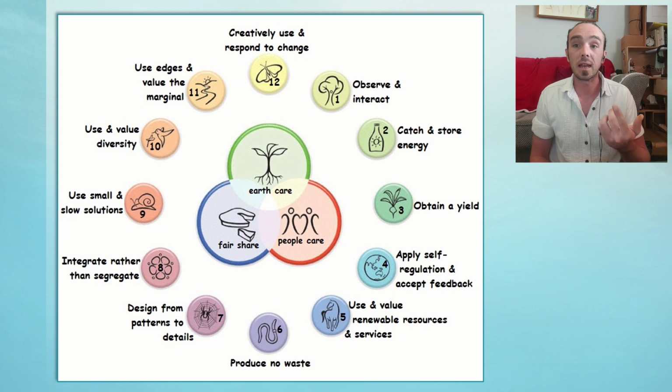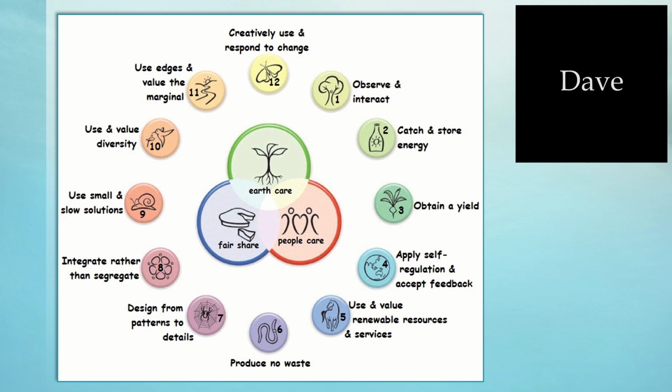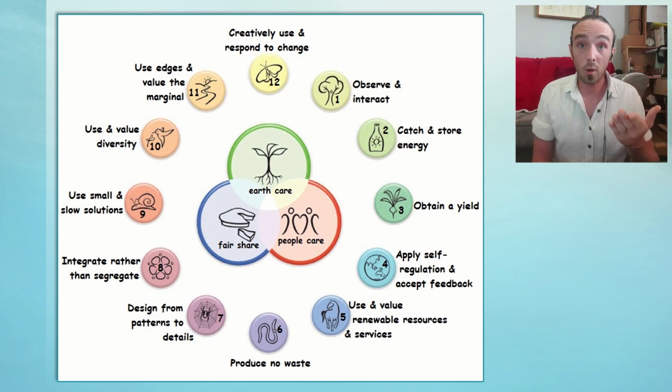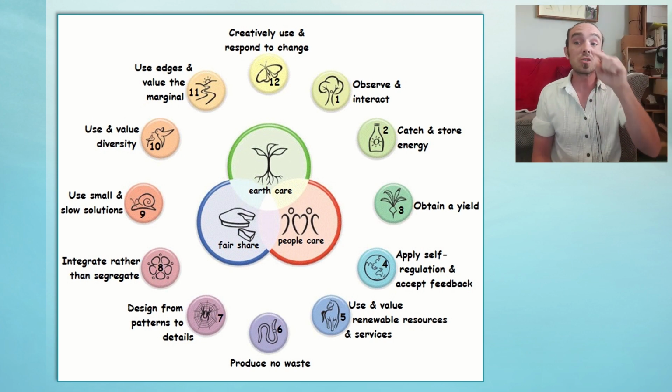We want to use it in a regenerative way. If we can value, kind of like point 3, obtain a yield, exactly. So these are all linked. These are all parts of the same thing. And it's a clock. It just keeps on turning. It's going to follow all the way around.